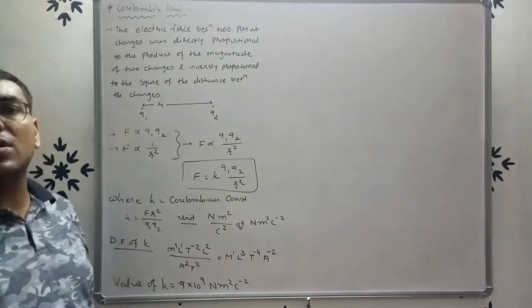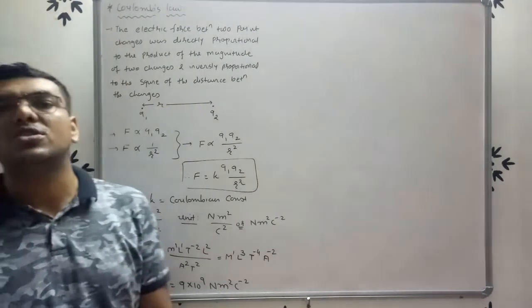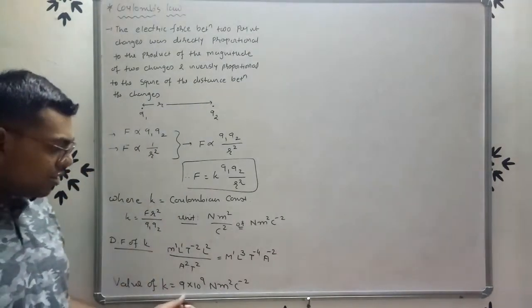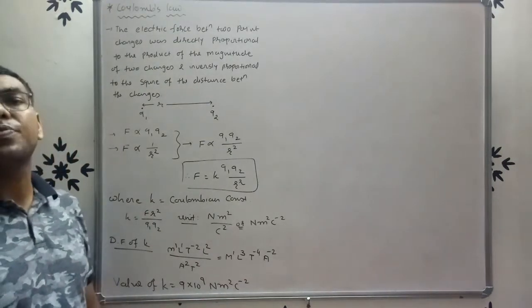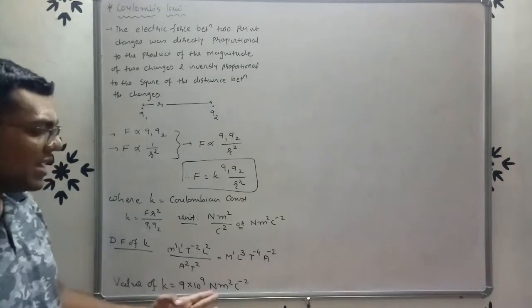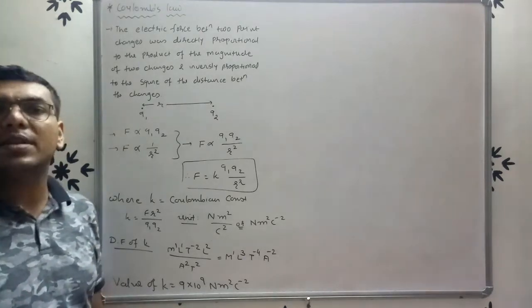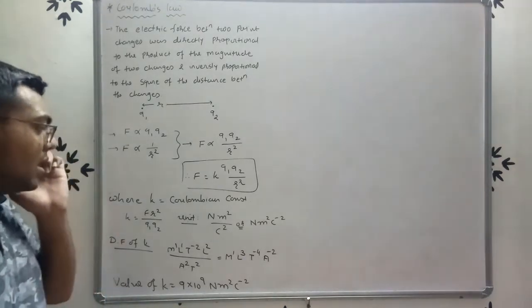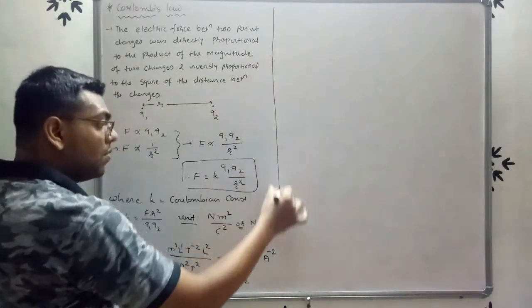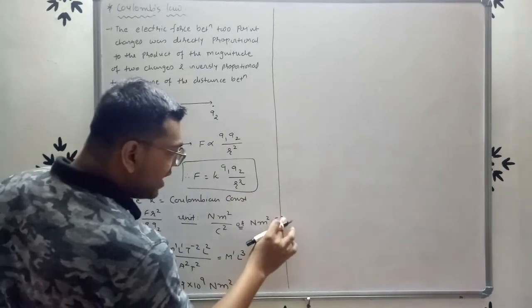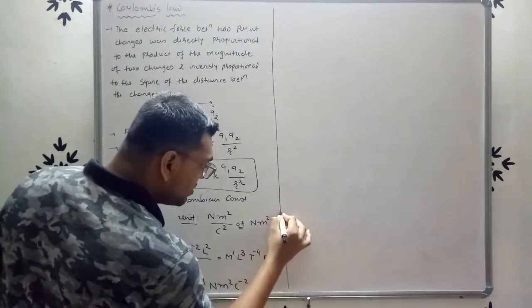Friends, you have to remember that the value of the Coulombian constant K is equal to 9 into 10 raised to 9 Newton meter square per coulomb square, or we can say Newton meter square coulomb raised to minus 2.